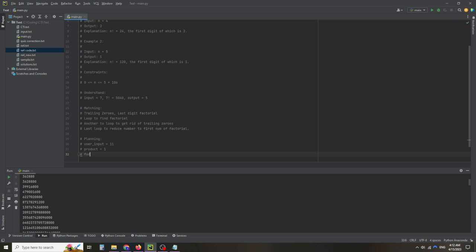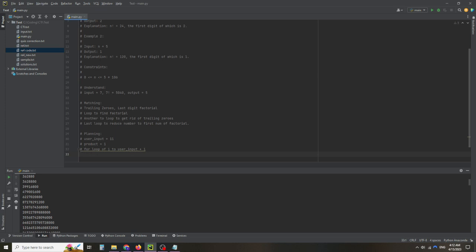And then a for loop of I from 1 to user input, and inside this loop, well, it's just product is multiplied by I.